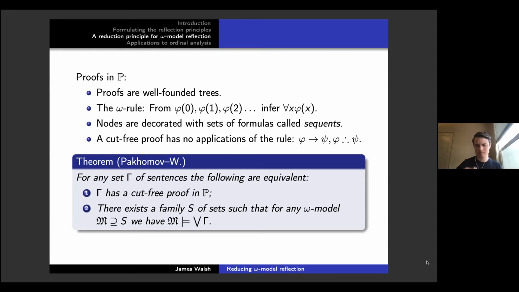This is a bit of abusive notation. So this is a completeness theorem in the sense of Gödel completeness with respect to cut-free proofs for this system of omega logic. Okay, so that's the first theorem.